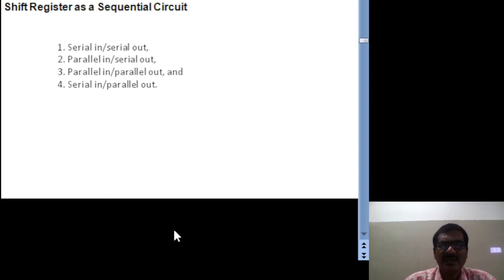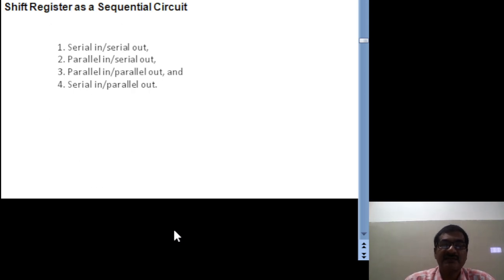What is the meaning of serial in, serial out, serial in, parallel out, and so on? It refers to how data enters the register and how data is extracted from the register. Based on that, there are these four categories.